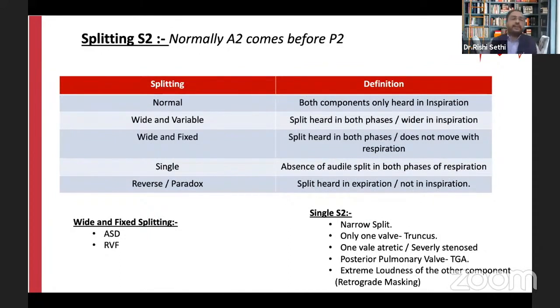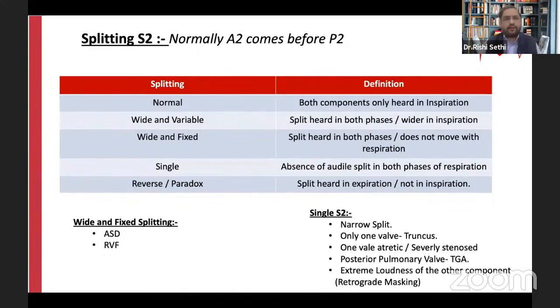Wide and fixed splitting is characteristic of ASD and right ventricle failure. In both these conditions, the volume overload on the right side is already so much that in respiration there's hardly any change. In ASD, there's hardly any increase in the flow by respiration, by inspiration.